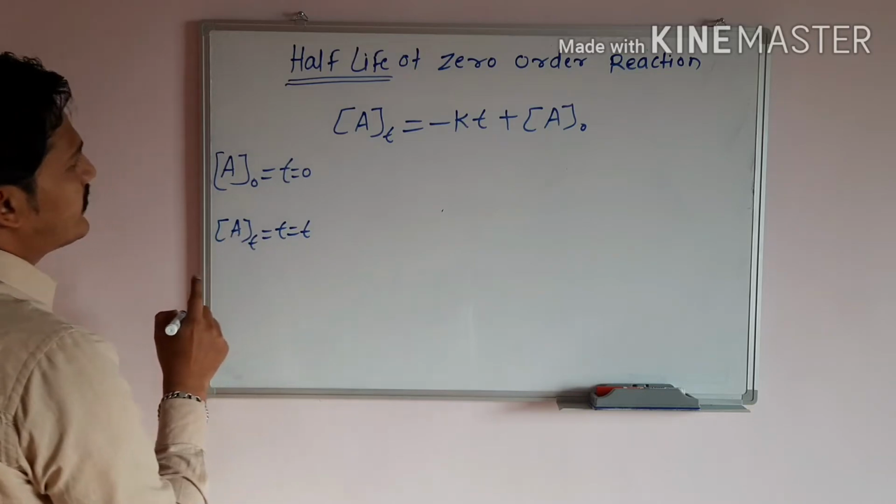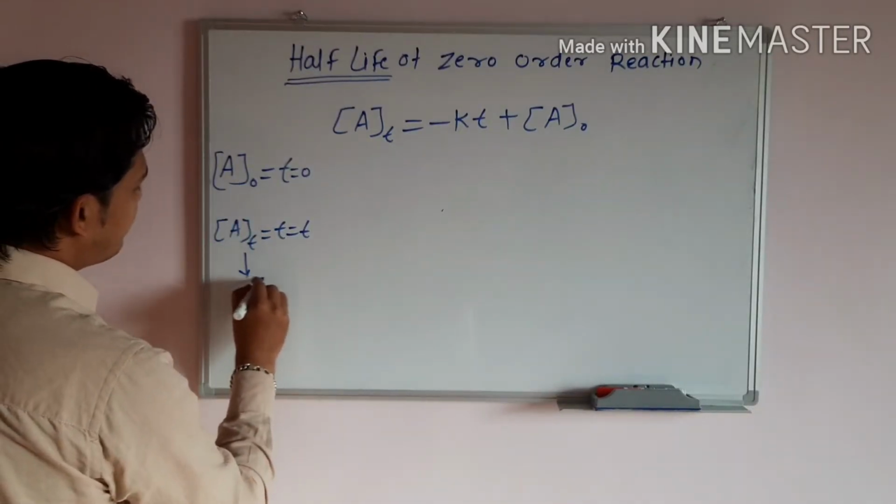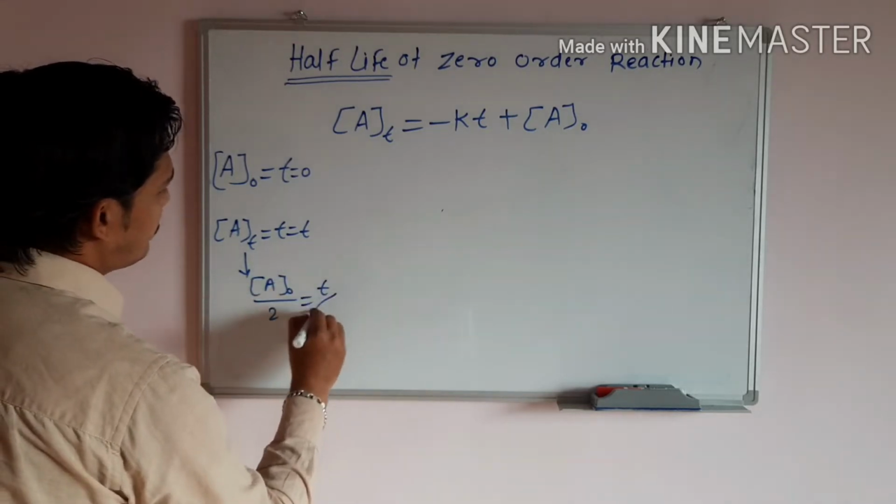Now I am going to make it half of the initial value. So AT is equal to A0 by 2. So time must be half.